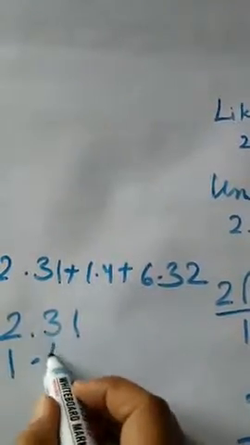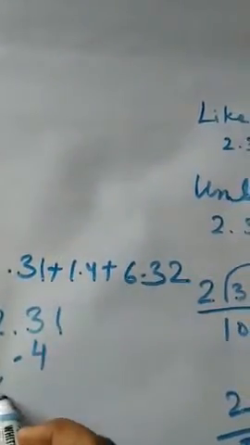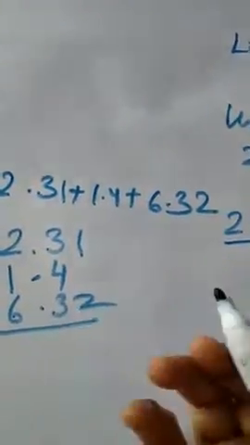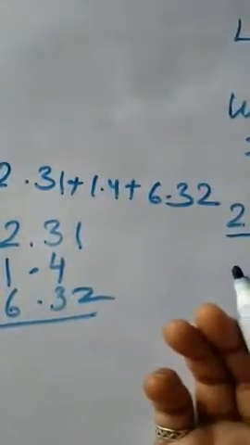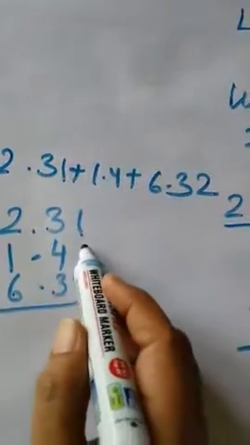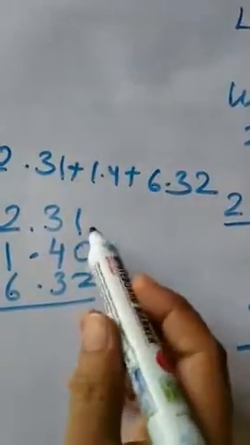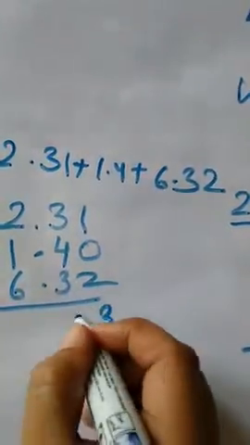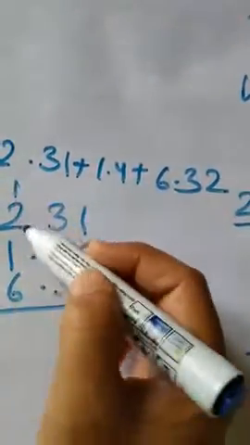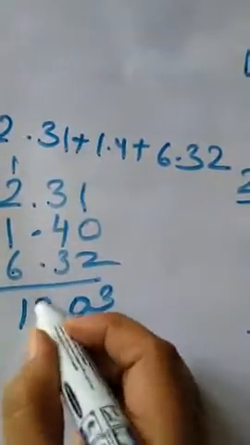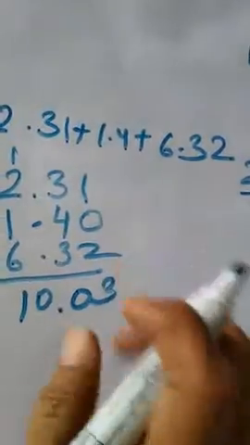It will be 1.4 and 6.3. Just arrange them in columns, and the remaining part is the same as normal addition. The blank spaces, you can write 0 there. So 1 plus 2 is 3, 3 plus 4 is 7, 7 plus 3 is 10, 0 and 1 carry. 2 plus 1 is 3, 3 plus 1 is 4, 4 plus 6 is 10. So the answer is 10.03 when we add them.